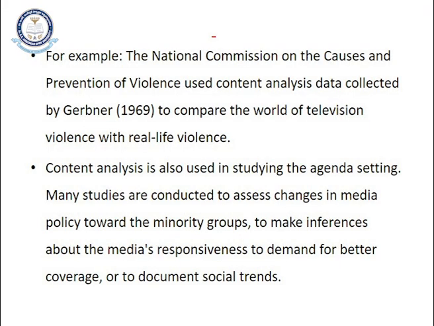For example, the National Commission on the Causes and Prevention of Violence in the US used content analysis data collected by Gerbner in the year 1969 to compare the world of television violence with real life violence. Television initially started in the 1950s and 60s.